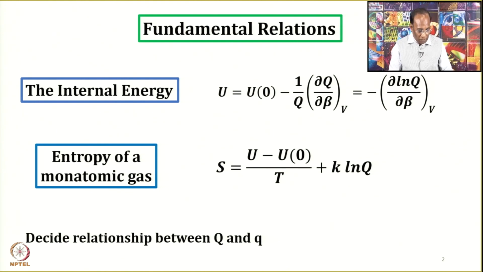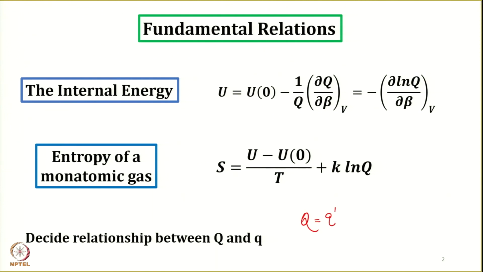We very well know by now that we will be using either Q is equal to q raised to the power N, or Q is equal to q raised to the power N by N factorial.